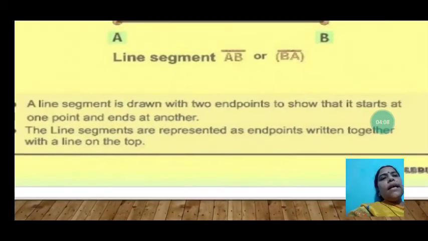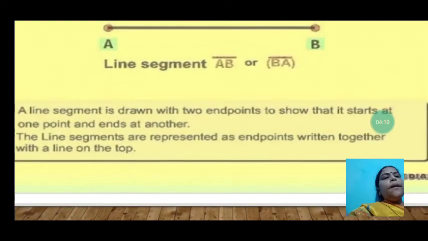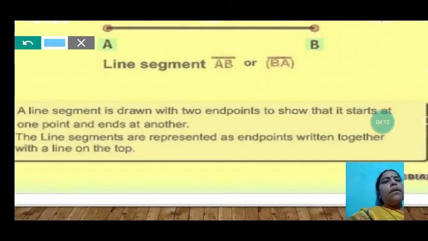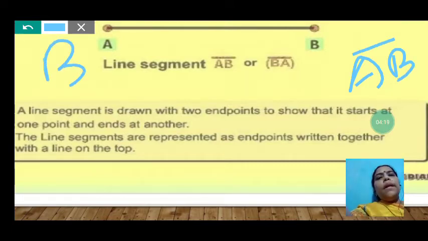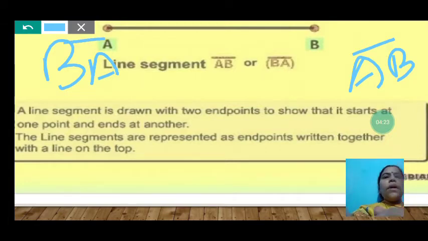So we write a line segment like that: AB with a line on top, and BA with a small line on top. So this is line segment AB and line segment BA, with a small line on the top representing a line segment.